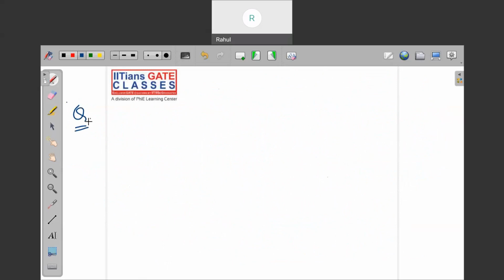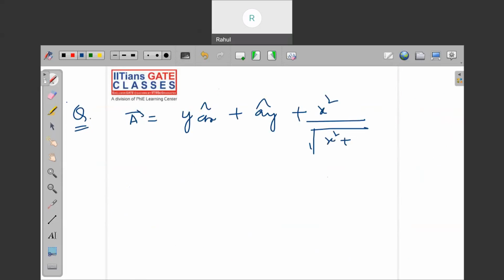These are the tools which will be used to discuss the entire electromagnetics. So suppose the question is given here, convert A, which is given by y Ax cap plus x Ay cap plus x square under root of x square plus y square, Az cap.